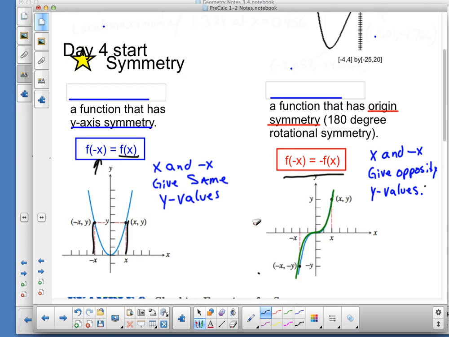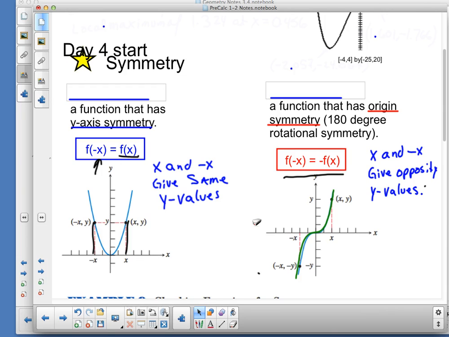All of the signs have to change in the function for it to be an odd function. The most typical one that I have here is a cubic, because everything in the first quadrant is also in the third quadrant.